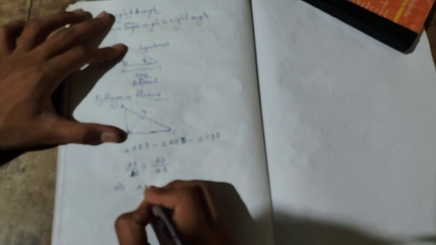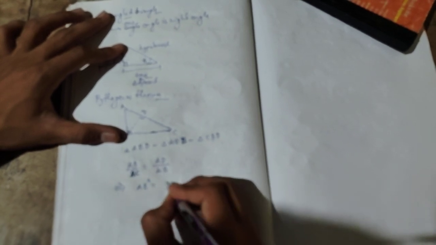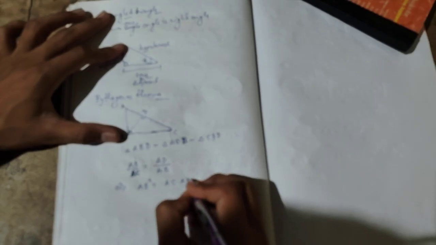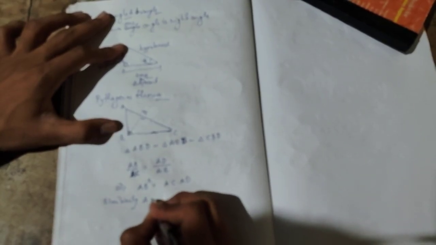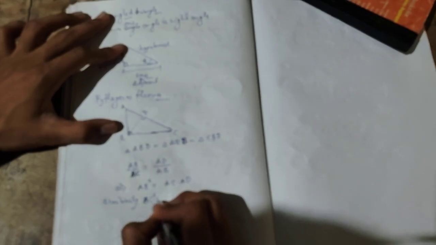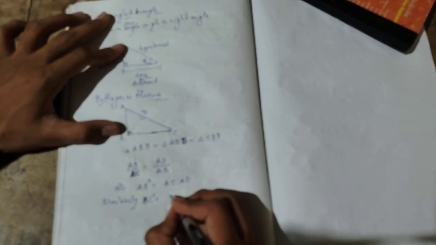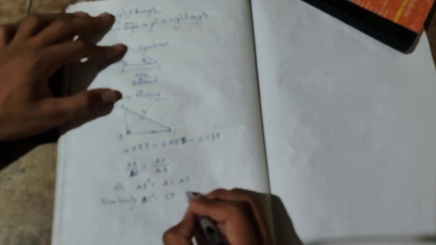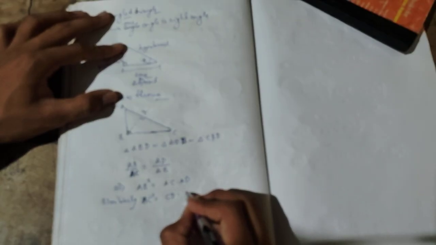Now this implies AB square is equal to AC into AD. Similarly, BC square is equal to CD into CA.